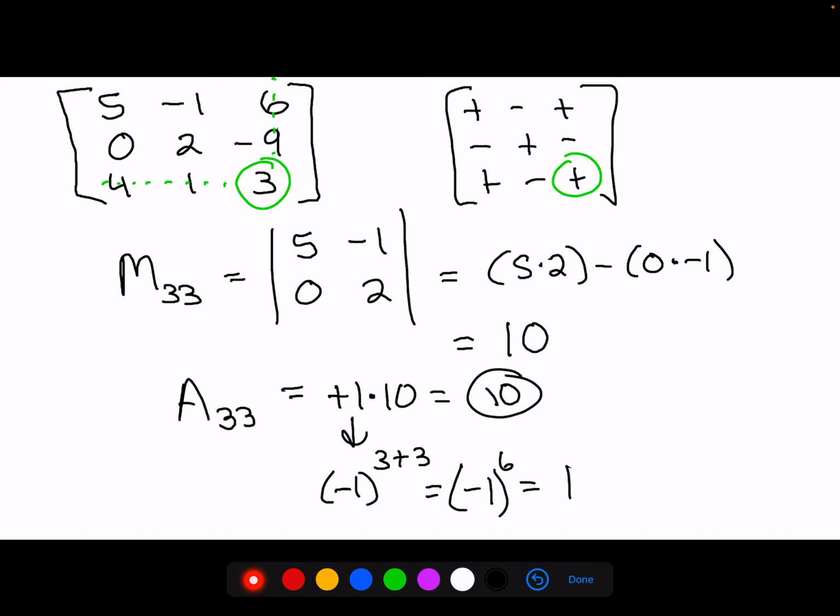So that's the minors and the cofactors. You might be like, well, okay, so now what? How am I going to use all this? Well, once you have all of the cofactors for the particular elements in a row or column of a matrix, you can multiply the cofactors by those elements and then add up the results.